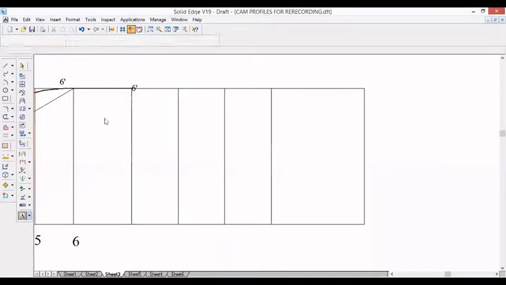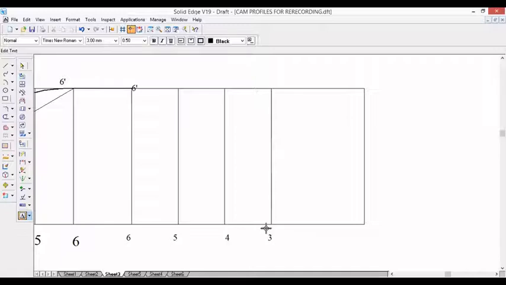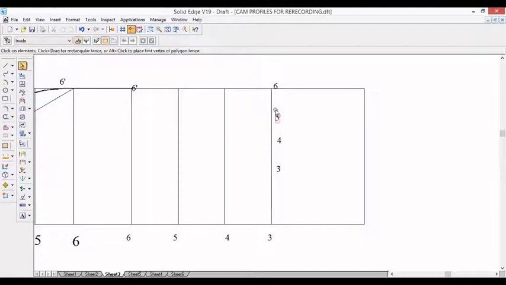Let us call the names. This is the line for the return stroke. So 6, 5, 4, 3. So here also we need to take the same thing, 6, 5, 4 and 3. So this is the midpoint, 5, 4, 3.